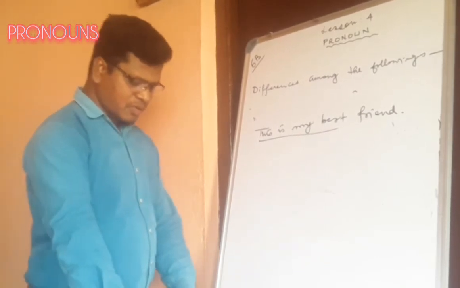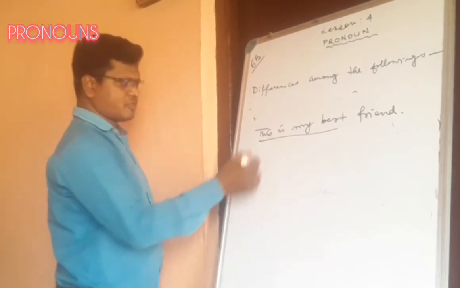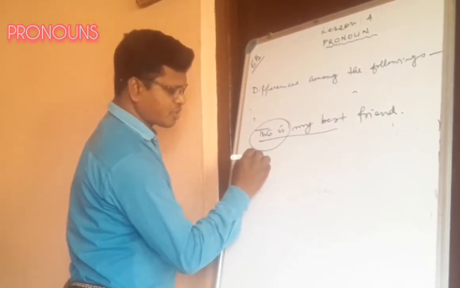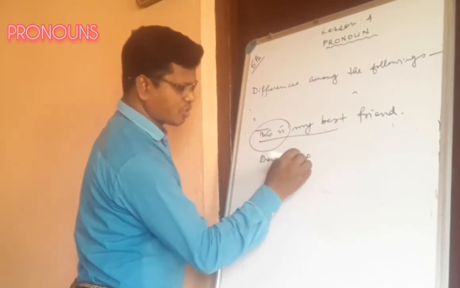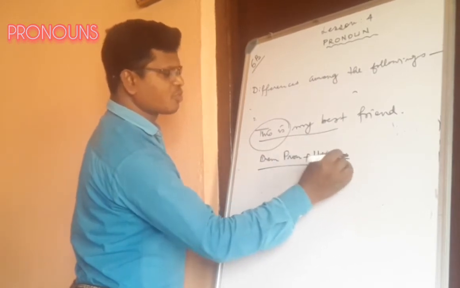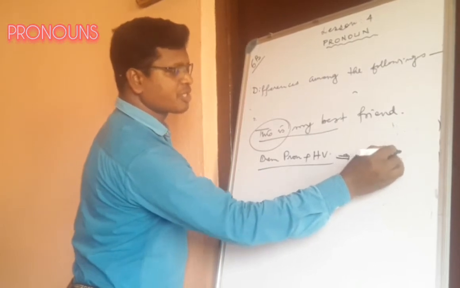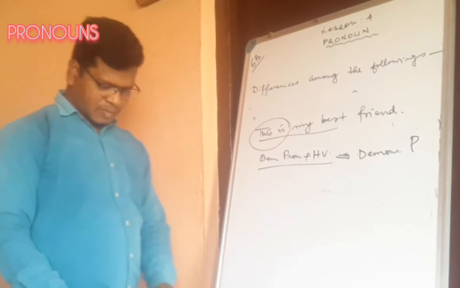Is it a demonstrative pronoun or a demonstrative adjective? Of course, you see what is written here: this is demonstrative. These are pronouns, isn't it? Plus, this is a helping verb. So definitely, these will be examples of demonstrative pronoun. I hope it is clear.